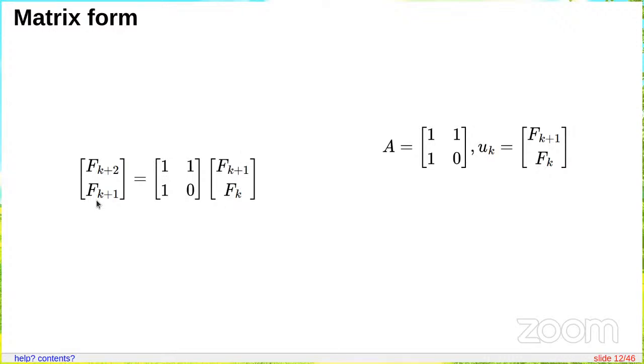I hope you all see this. This is just the next set of terms. So I end up with a relationship where U_{k+1} is A times U_k. Matrix times vector gives a vector. I hope this step is clear to everyone.